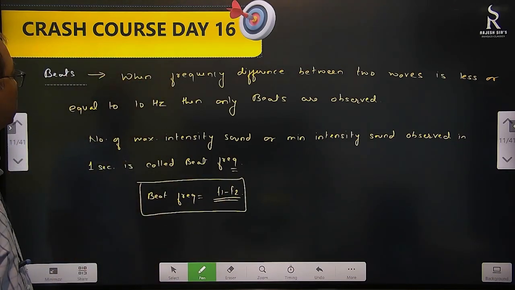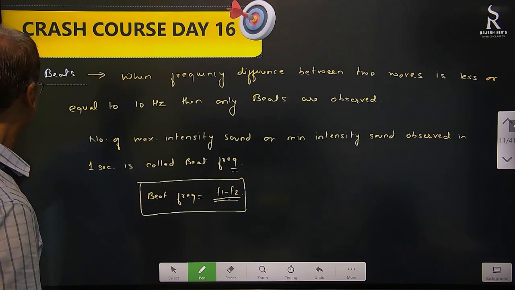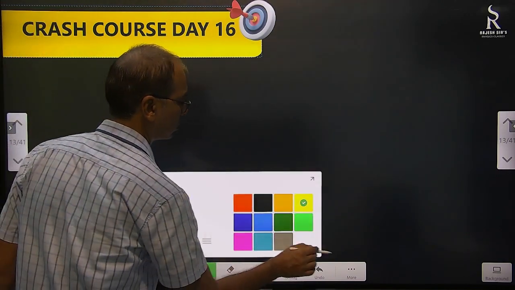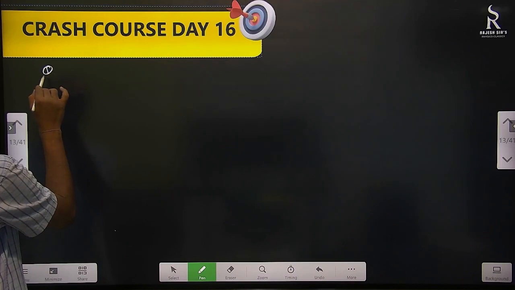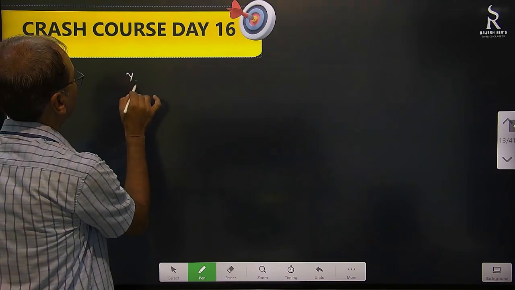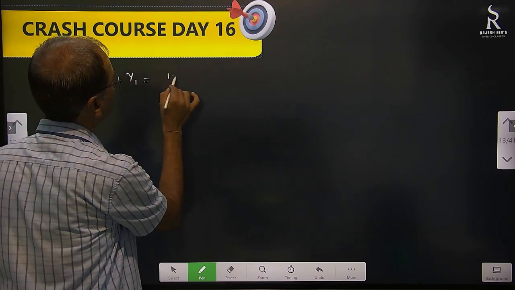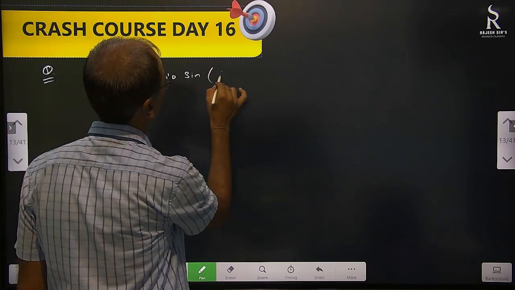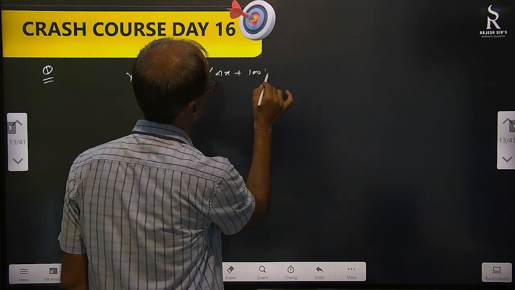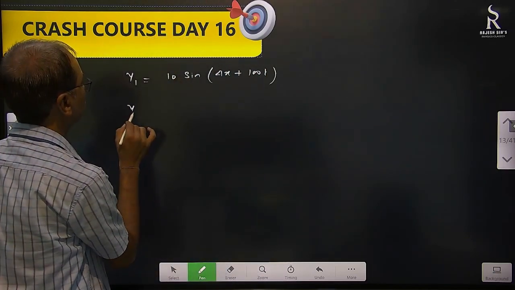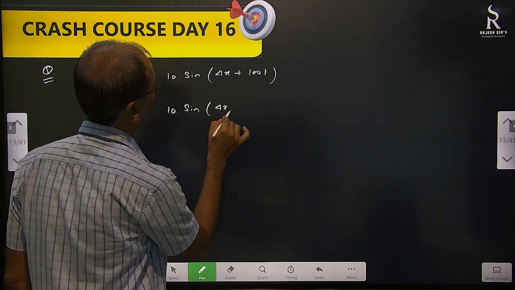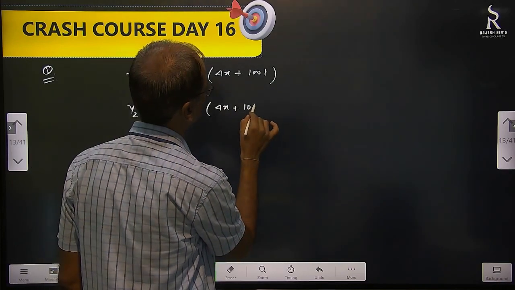Okay, now what type of questions do we expect in this one? Suppose y1 is given to you, y1 is 10 sine (4x plus 100t), and y2 is also 10 sine (4x plus 102t).